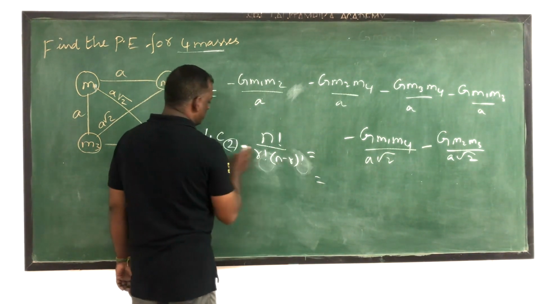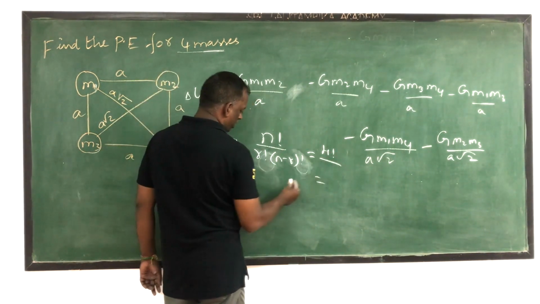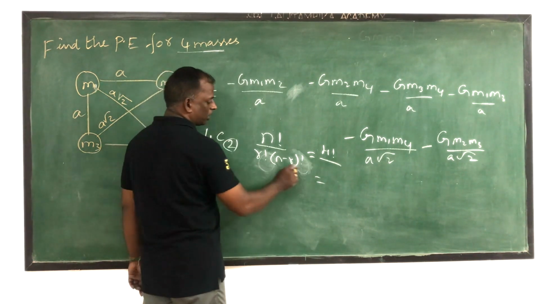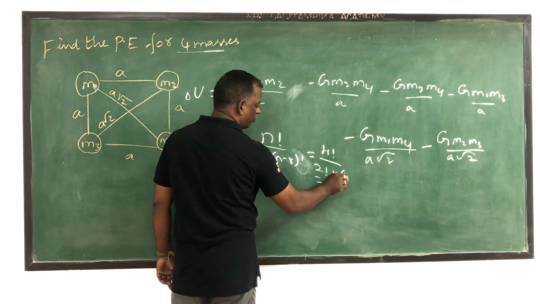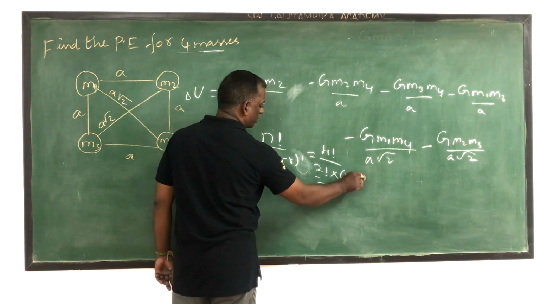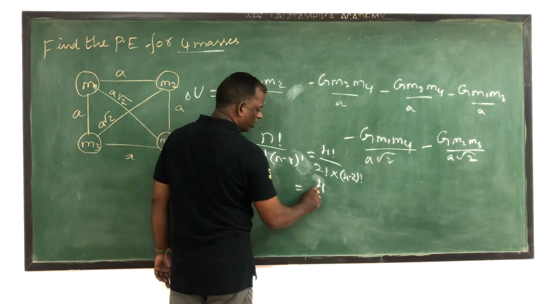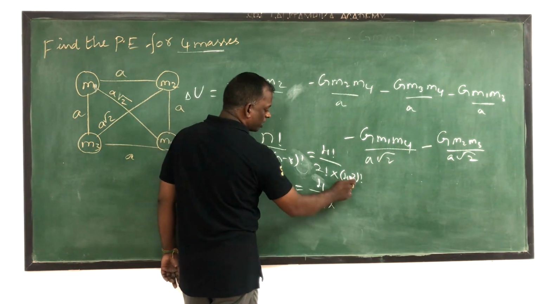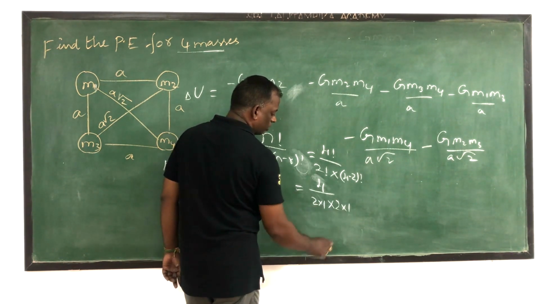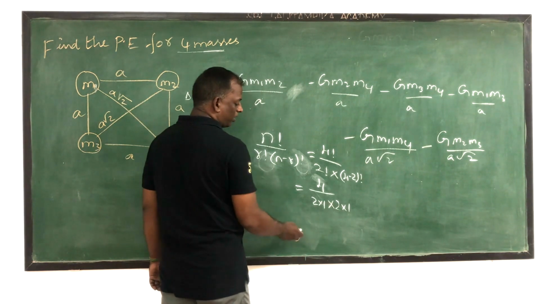N is 4, that is 4 factorial divided by r is 2, that is 2 factorial into 4 minus 2 factorial. If we solve this, what do we get? 4 into 2 into 1 into, 4 minus 2 is 2, 2 factorial is 2 into 1.